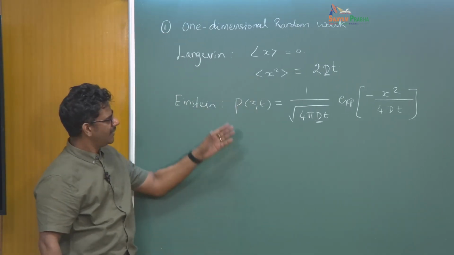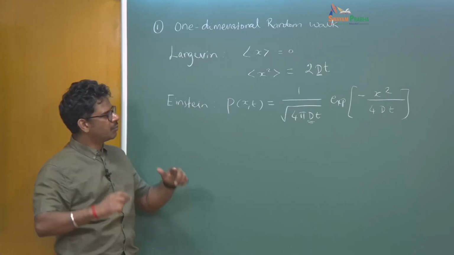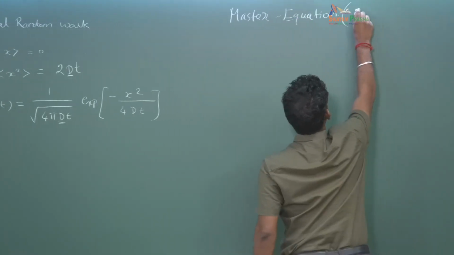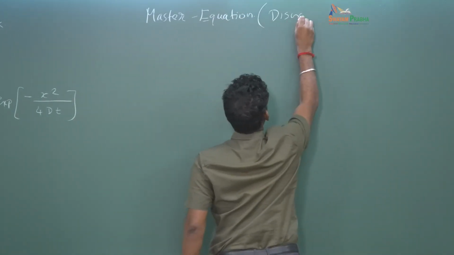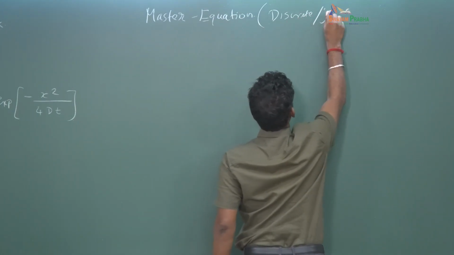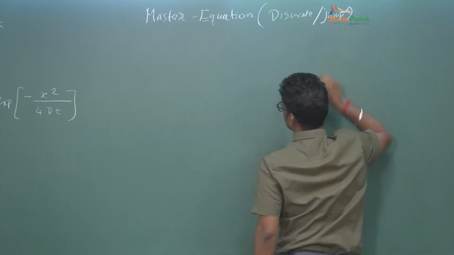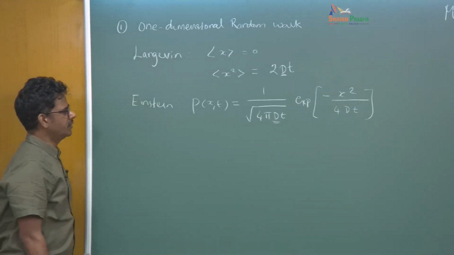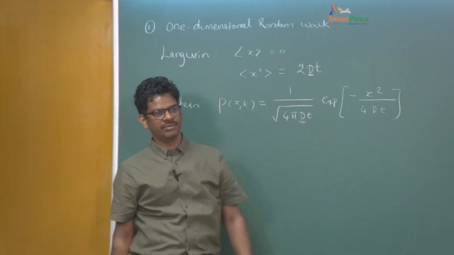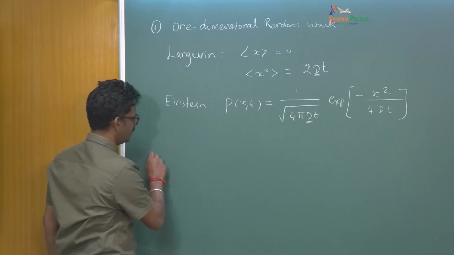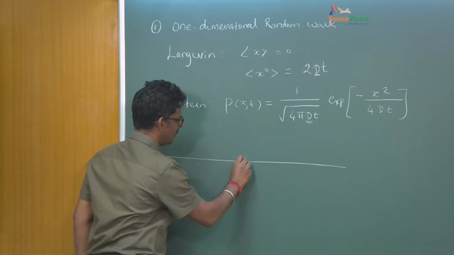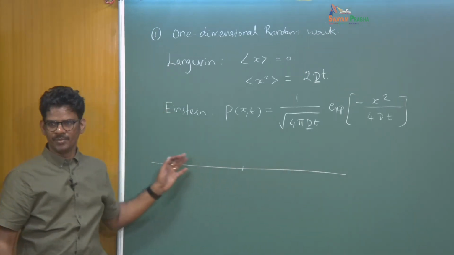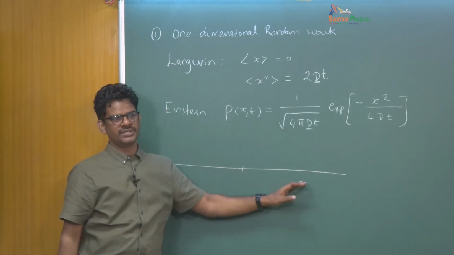So now we want to relook at this same problem, but more from a discrete point of view, because master equation is used for discrete or jump processes. If you want to convert this problem into a jump Markov process, what we need to do is take the spatial domain, which is a continuous domain, and discretize it.